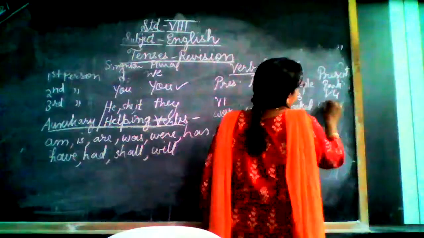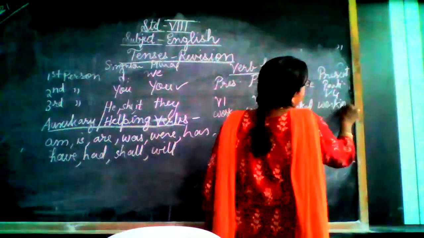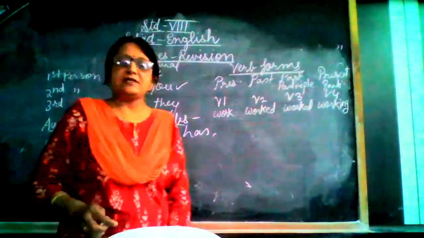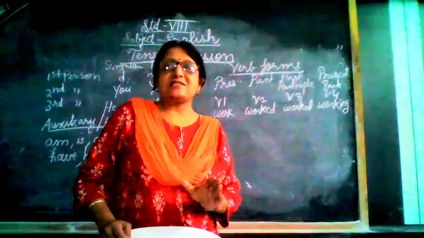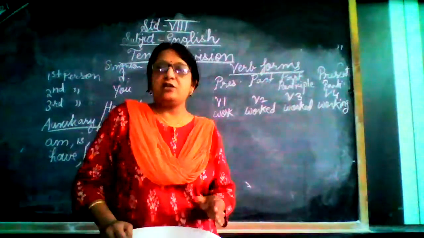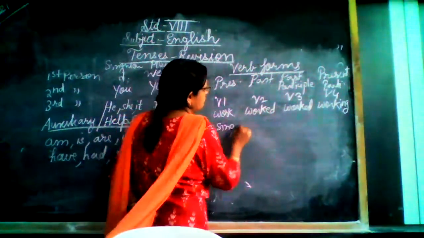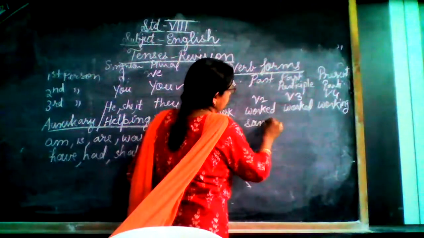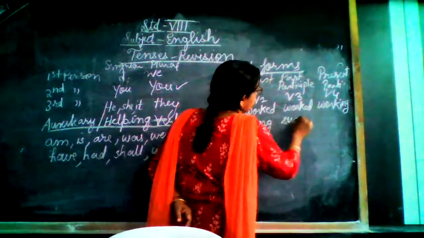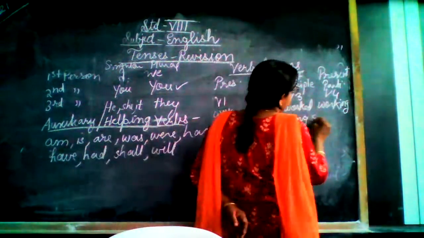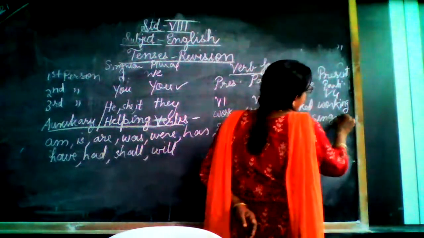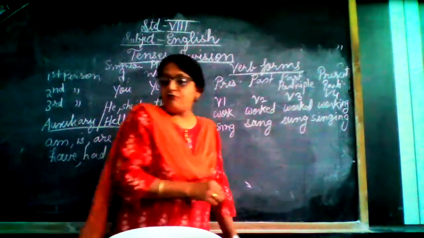These are our four main forms of the verb. In fifth and sixth, you might be studying the fifth form, that is the S form, and the sixth form, the infinitive form. Suppose it is sing, then sang, sung, and singing. In this way we have done the verb forms last time also.